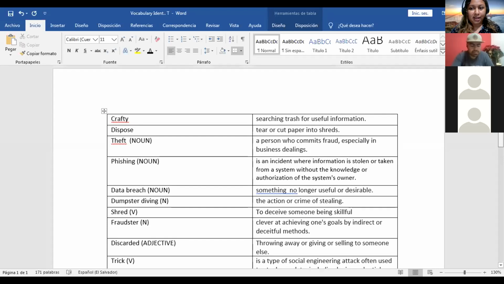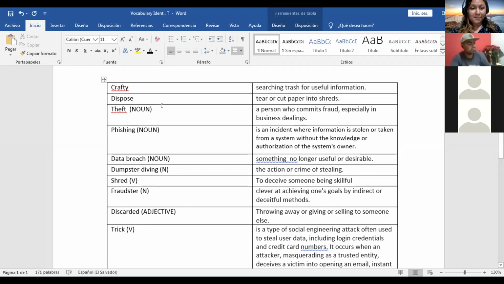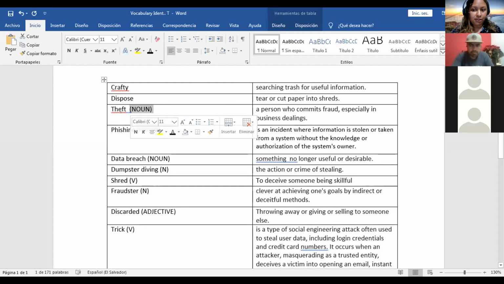So this is a situation when a person steals something from you. Then it appears on the news and it says there was a theft in this place yesterday night, and they give you specific information about the incident.